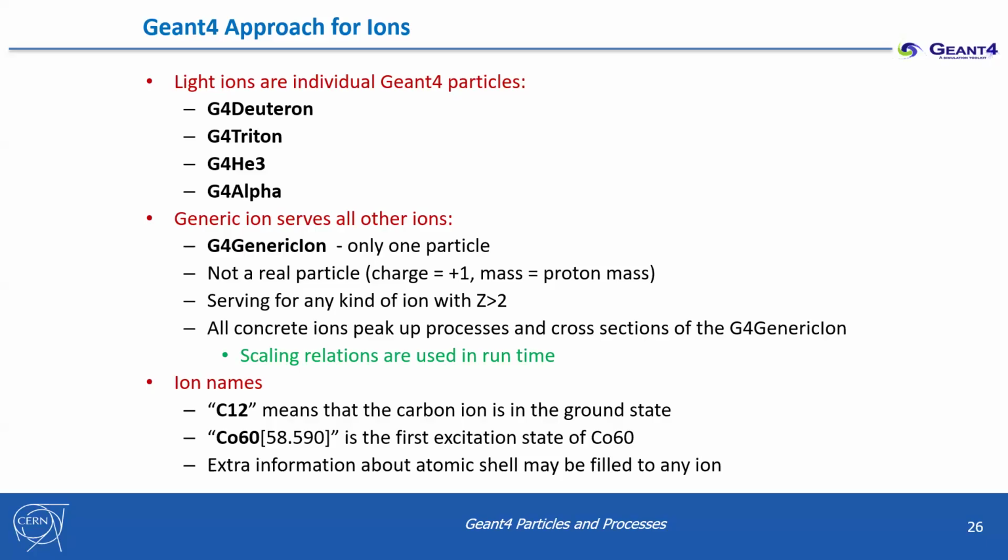What kind of ion may it be? For example, C12. It is a typical ion, carbon 12 in ground state. So the nucleus has zero excitation energy. But maybe some stable isotope, for example, cobalt 60 with excitation 58 and 6 keV.